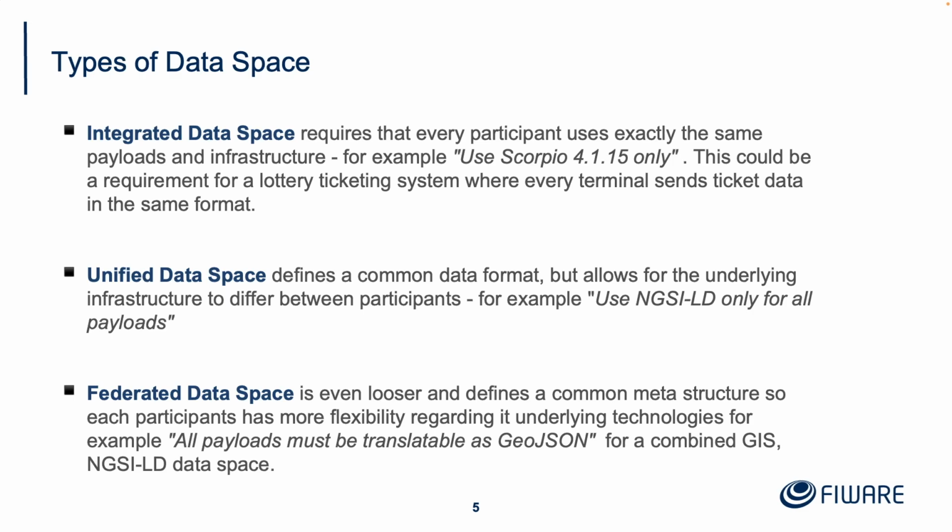So in this case, we say, okay, we're just going to use Scorpio 4115, which means that although you may well have different organizations sharing data here, they have already predefined that the interface will work, because I'm using one particular structure of data, I'm using one particular context broker.